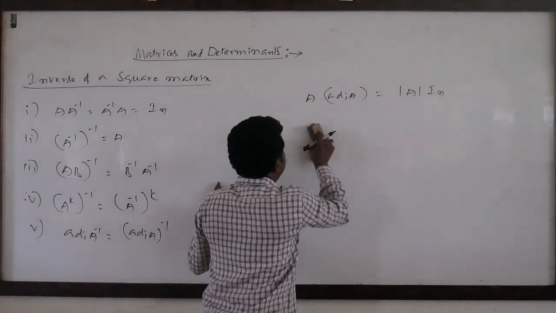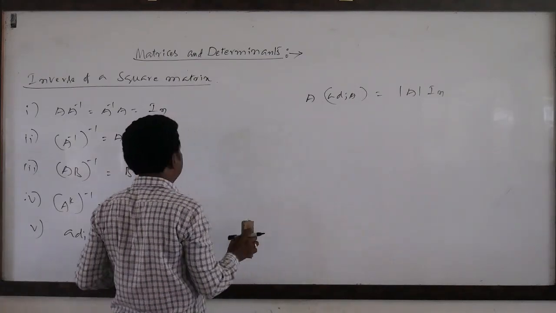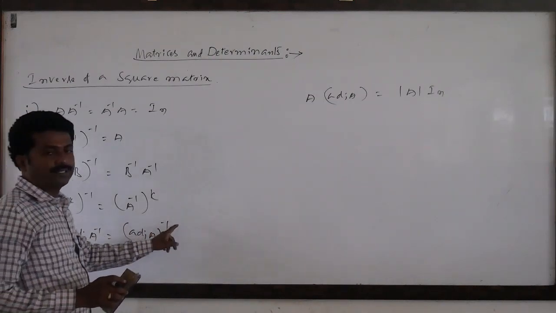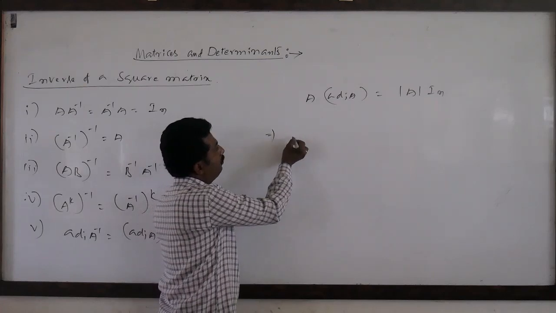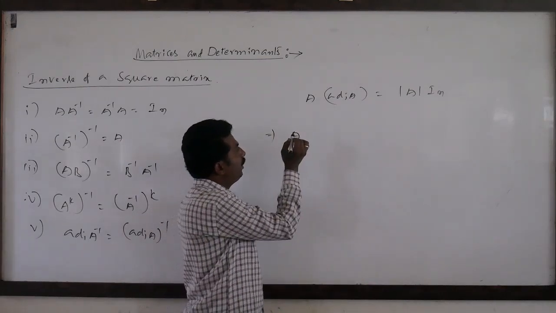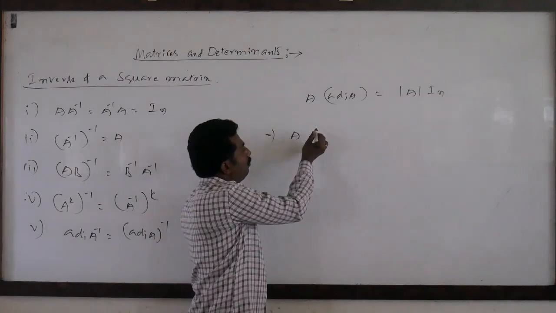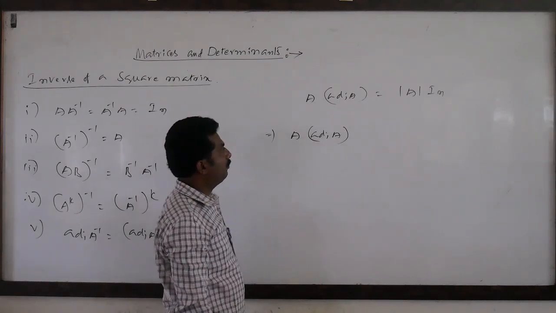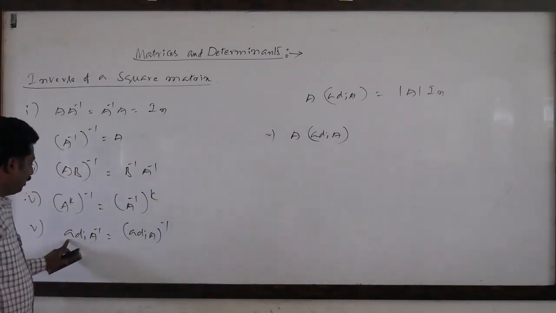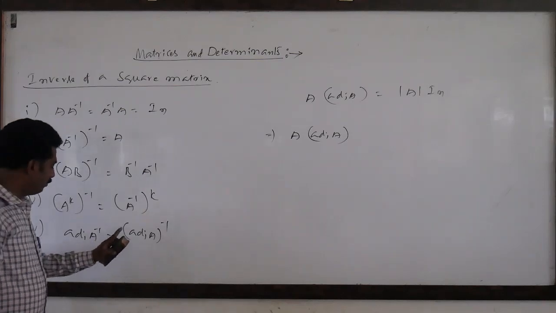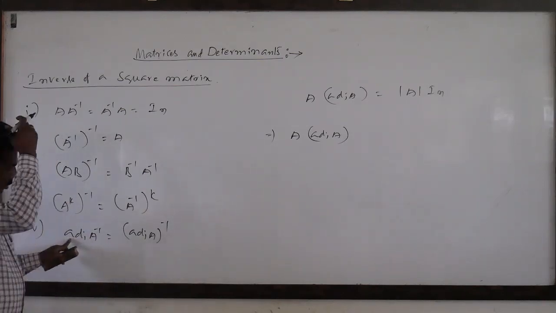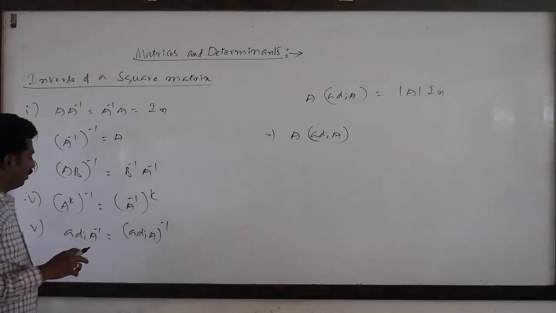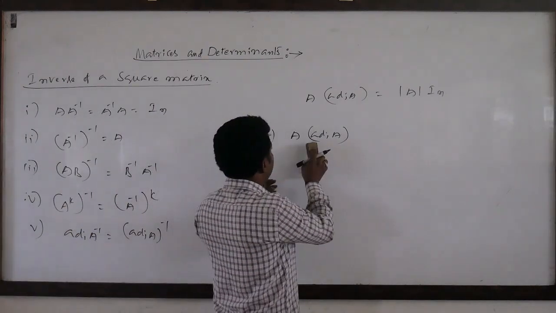Just operating both sides with adjoint of A whole inverse, you observe. So A into adjoint of A into adjoint of A whole inverse, and both sides adjoint of A whole inverse we have to operate. So A adjoint of A inverse equals adjoint of A whole inverse. Okay.